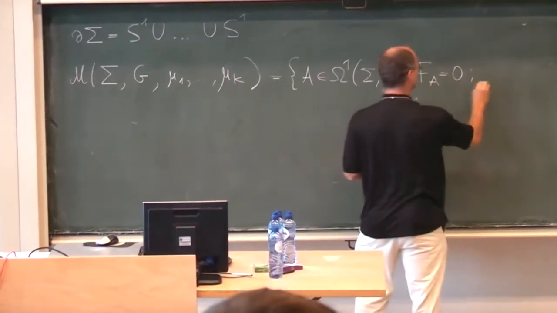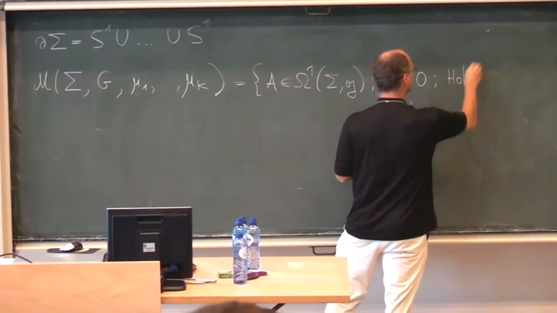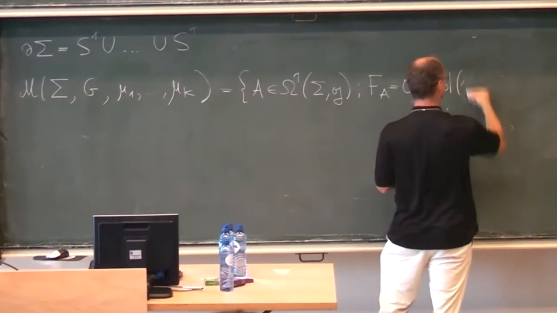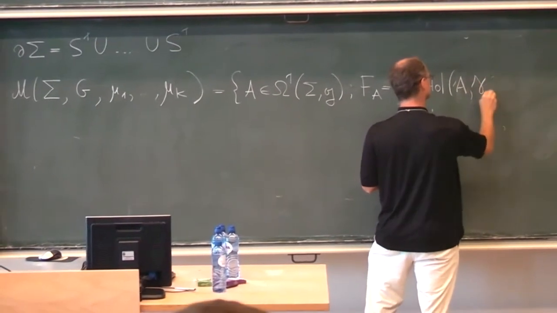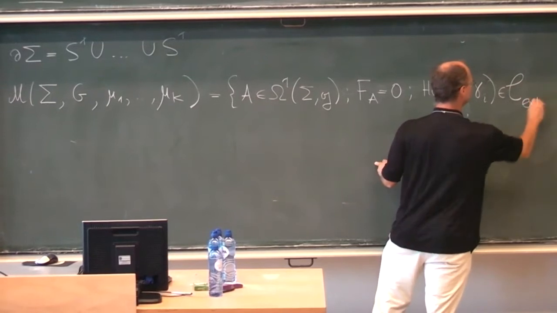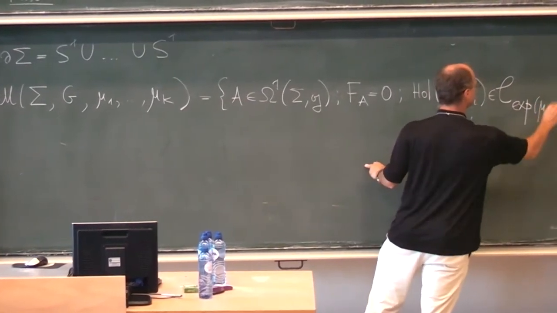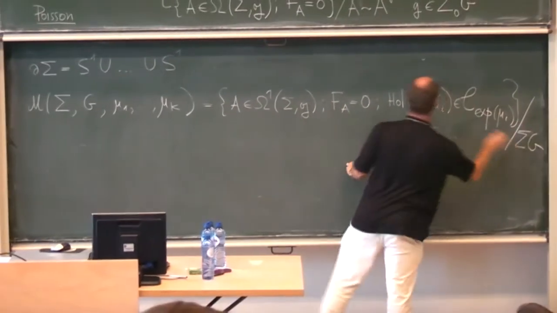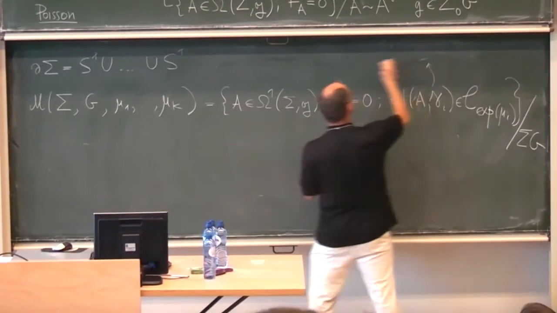The curvature is 0, and the holonomy around the i-th component of the boundary is contained in C of exponential of mu i. So, sorry, just a second.